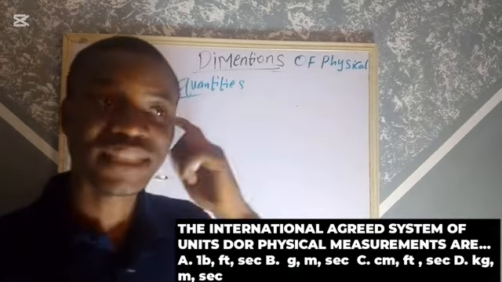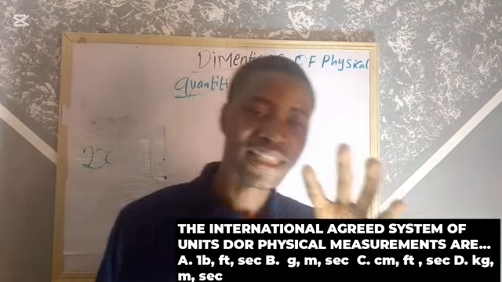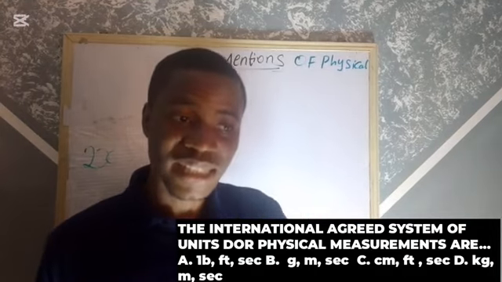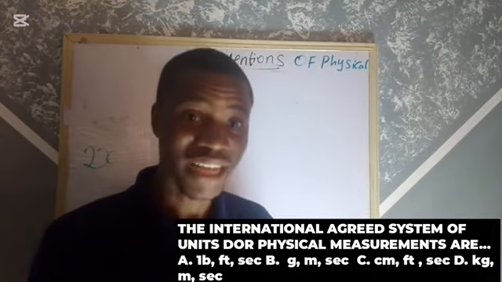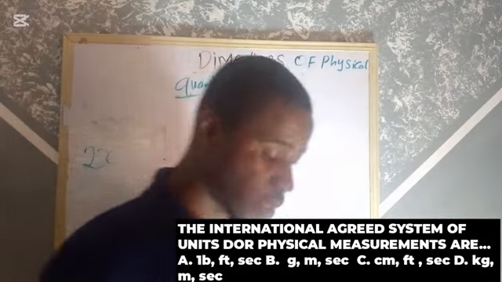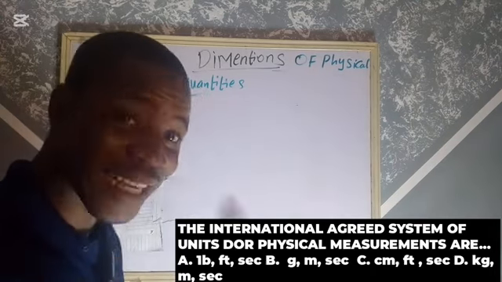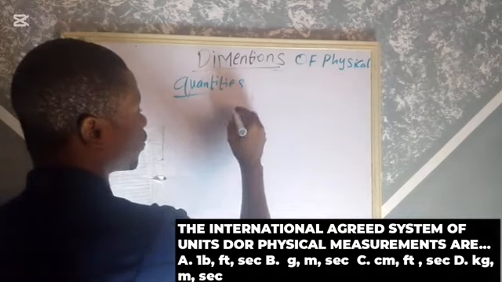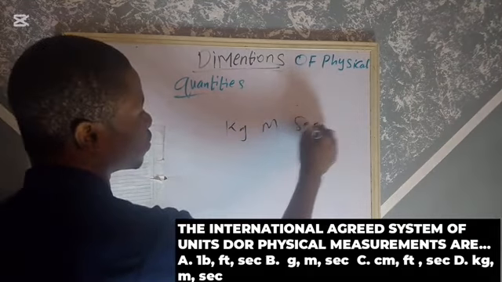Now you see, this answer is from the three major fundamental quantities that I was emphasizing. If they talk about the internationally agreed system units, please take note of it. You have it from kilogram meter seconds.